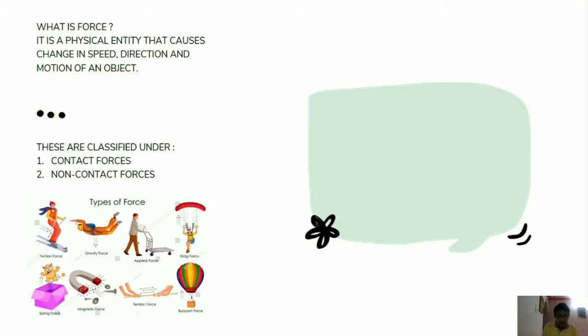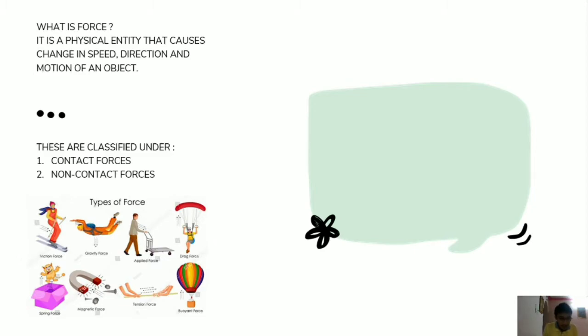For applying the force, he had touched that trolley, so he has made contact with that trolley. Forces which are seen due to the contact between two objects are called contact forces.